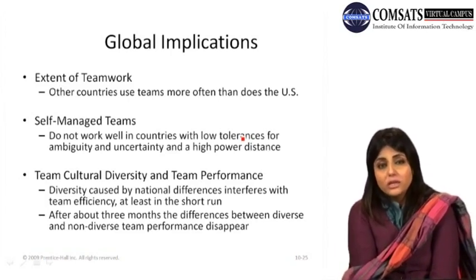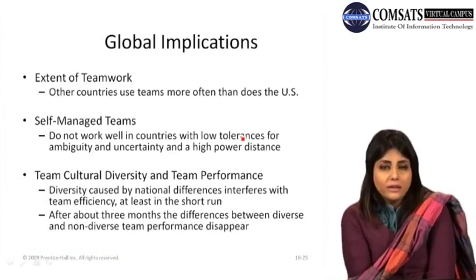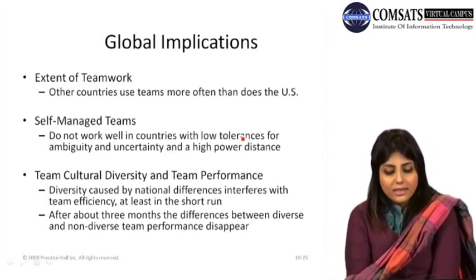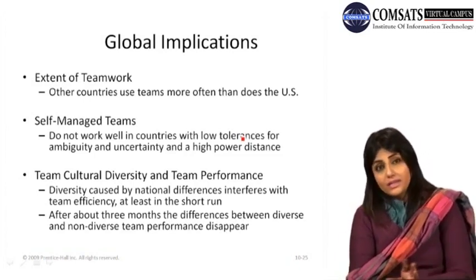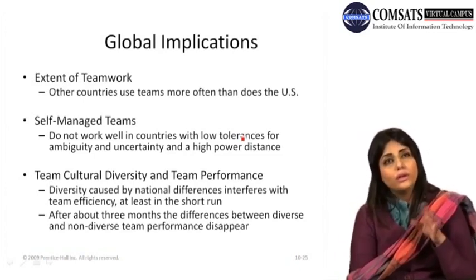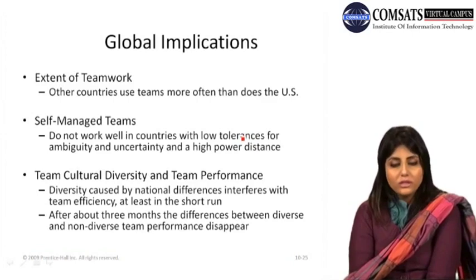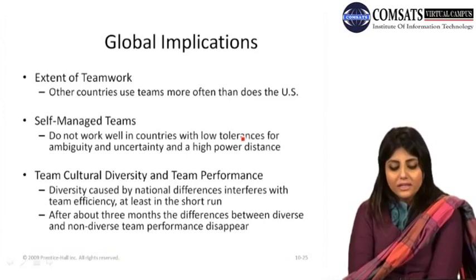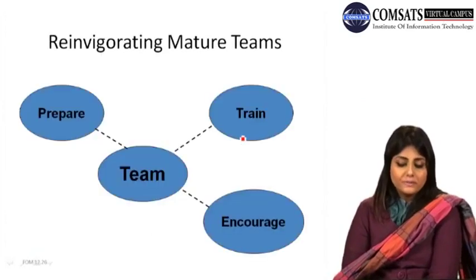The culture was entirely different in Germany from the culture that Walmart was bringing with it in its store, and as a result it had to resolve its outlet there. But it has been seen that if the firm or the team survives the initial phase of around 2 to 3 months of these cultural differences, then it is expected that it will not disappear in the future, and it will start showing some performance.